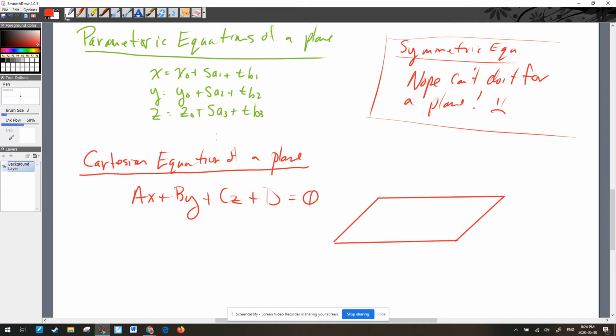What's interesting is that a plane has a normal vector. There's more than one, there's an infinite number, but they're all collinear. There is some vector that, when it meets this plane, it doesn't matter what orientation you look at it, it actually forms a right angle with the plane.